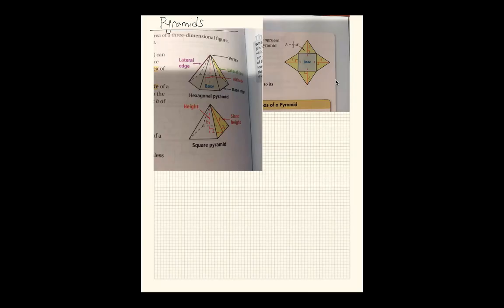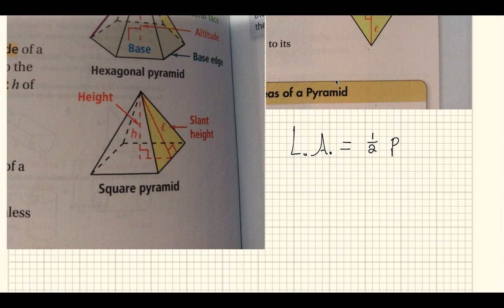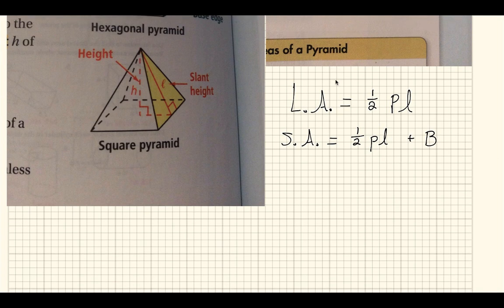So as a formula, that's going to look like this. The lateral area is 1/2 the perimeter of the base times L, and then the surface area is basically just that part. So the surface area is 1/2 PL, but then you need to add to it the area of the base. So let me say again, P represents the perimeter of the base.